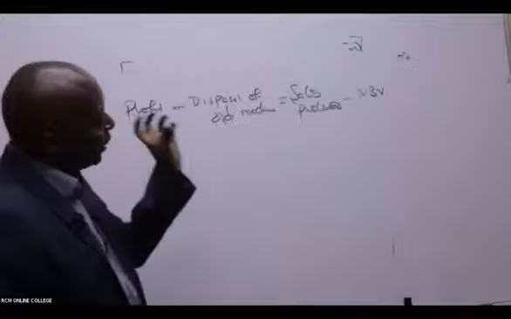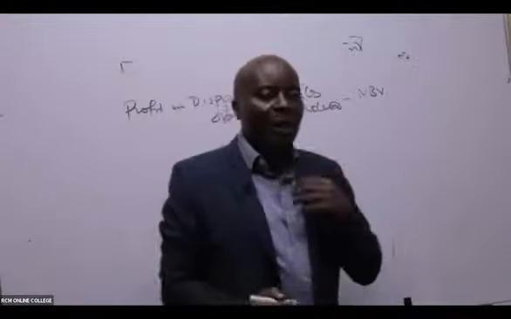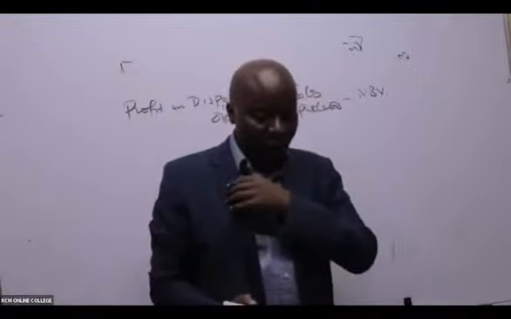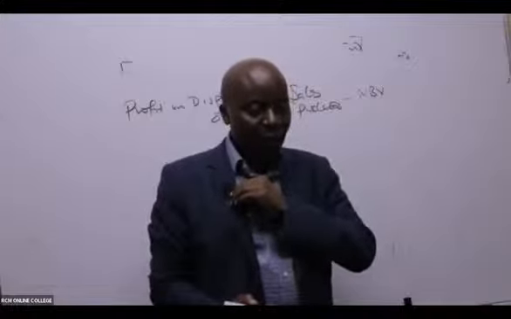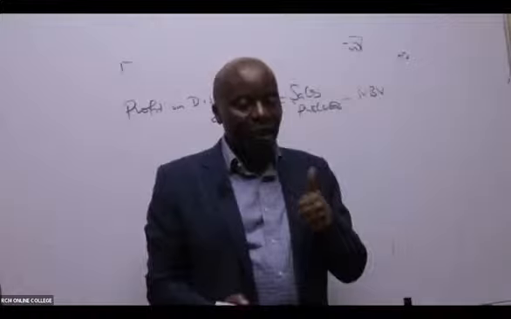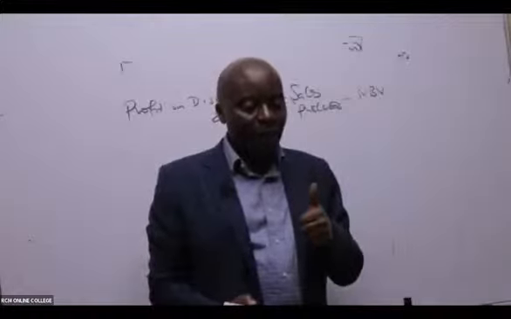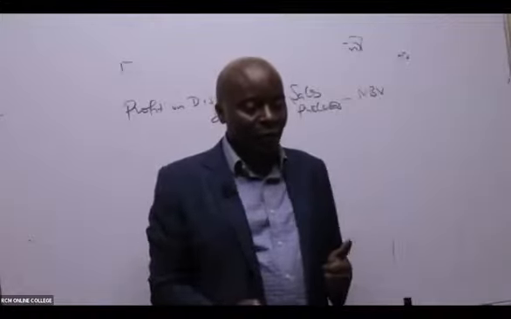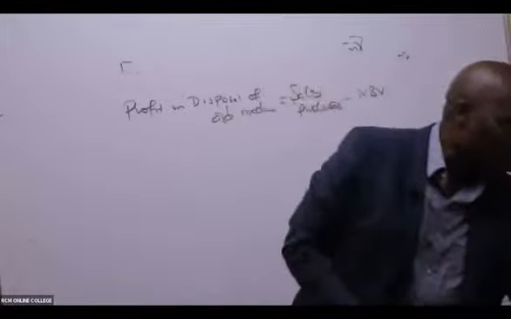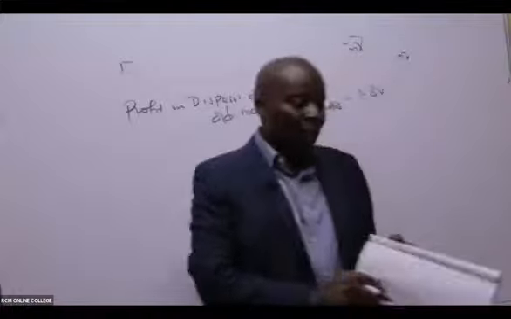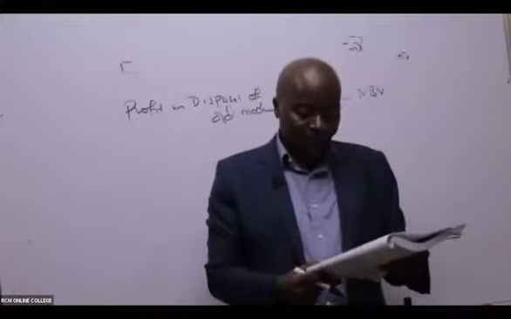Is there somebody who is able to see how much I will be able to sell this machine? I can see already Mochama has given me that figure of 100. Are you able to see the selling price? They are not seeing this figure.